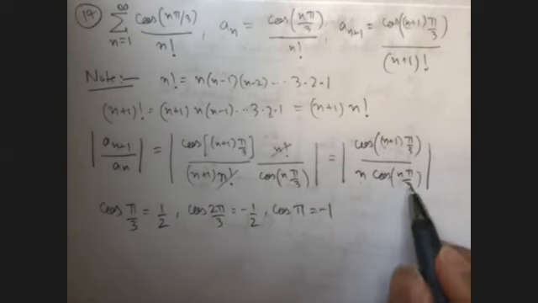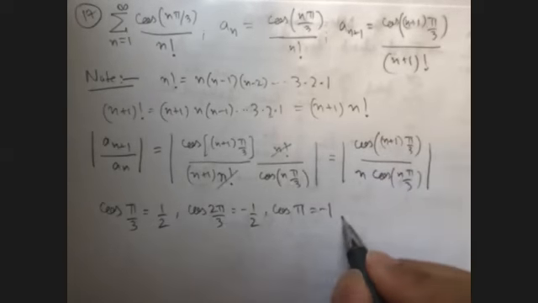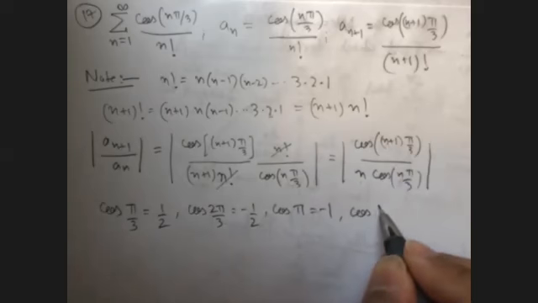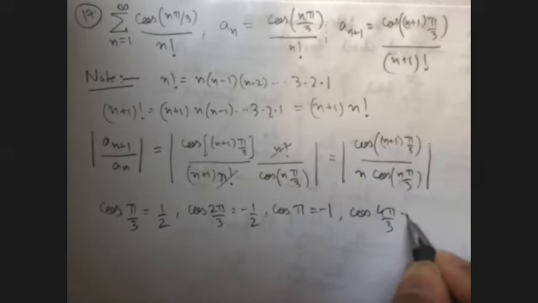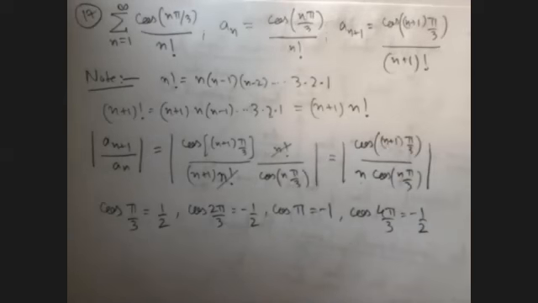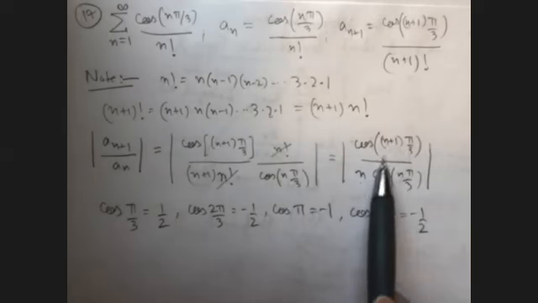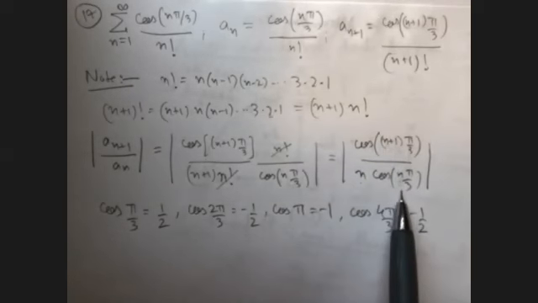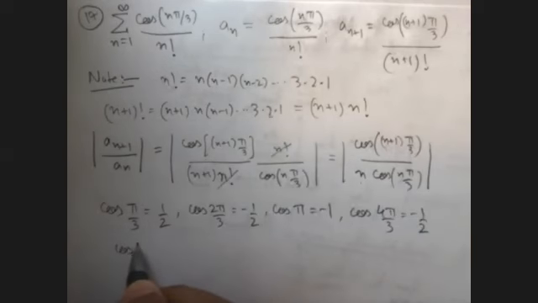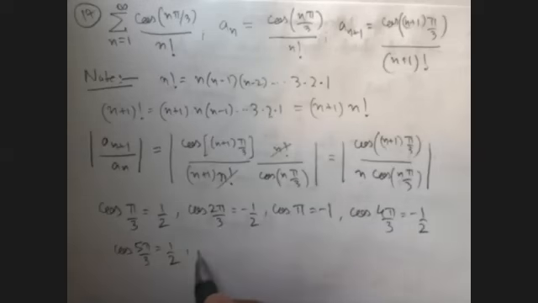When n is 3, we get cos pi, 4 pi over 3, negative half. Then when n is 4, 4 pi over 3, 5 pi over 3, is half. And then when n is 5, you get cos 2 pi, which is 1.